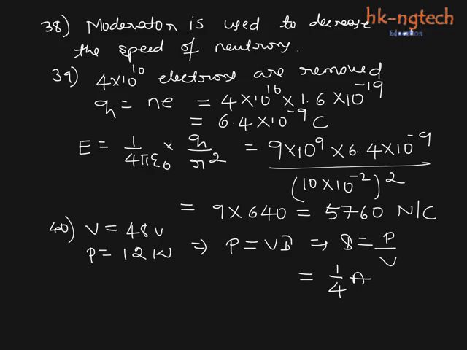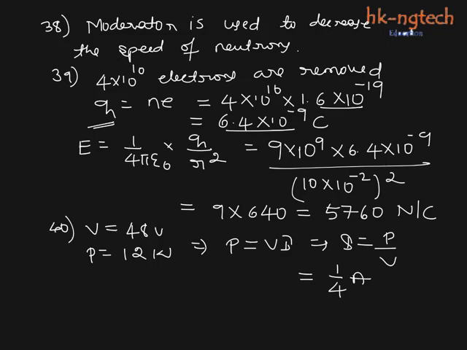4 into 10 to the power of 10 electrons are removed from a neutral metal sphere of diameter 20 centimeter placed in air. The magnitude of the electric field at a distance 20 centimeter from its center is. Very good problem. If we have removed 4 into 10 to the power of 10 electrons, the remaining charge Q will be given by Q is equal to N into e. Here N is 4 into 10 to the power of 10 and the charge on the electron is 1.6 into 10 to the power of minus 19 coulomb. So we are left with 6.4 into 10 to the power of minus 9 coulomb.